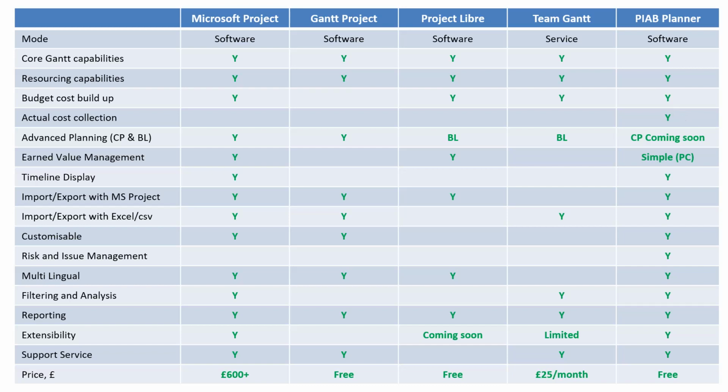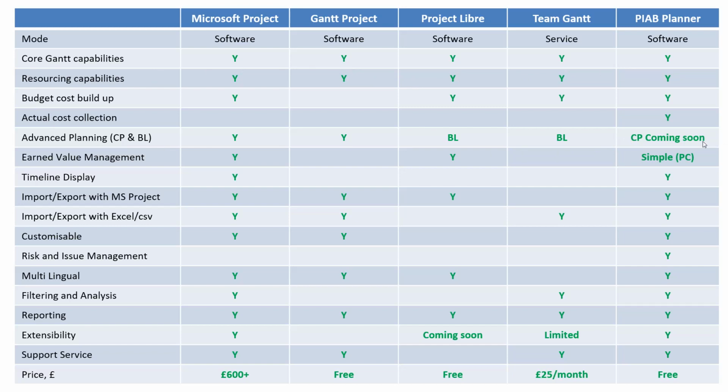And that allows us to produce a simple earned value figure. It's not full earned value management, but it's a simple one that we call progress cost, which is an indicator of where you are against where you should be on the project, for cost against percentage complete, if you like.